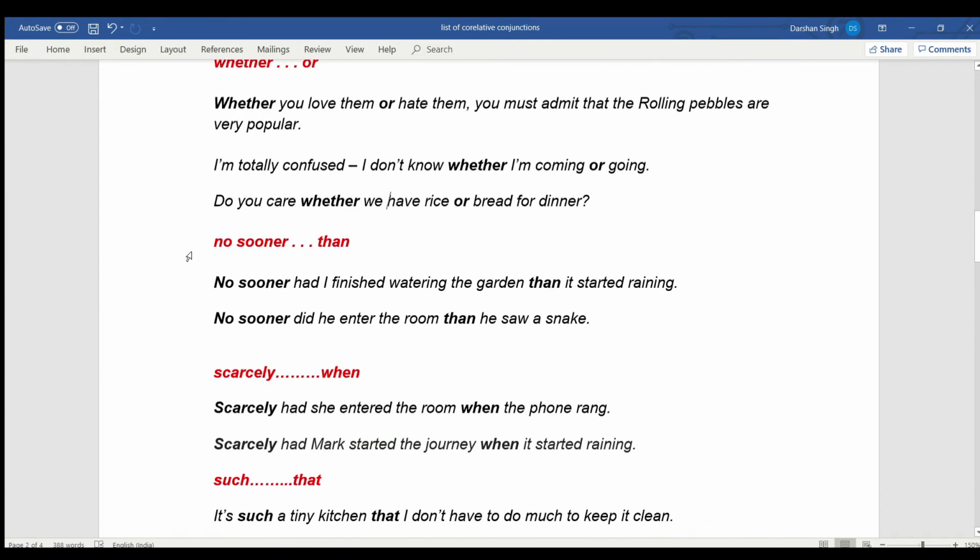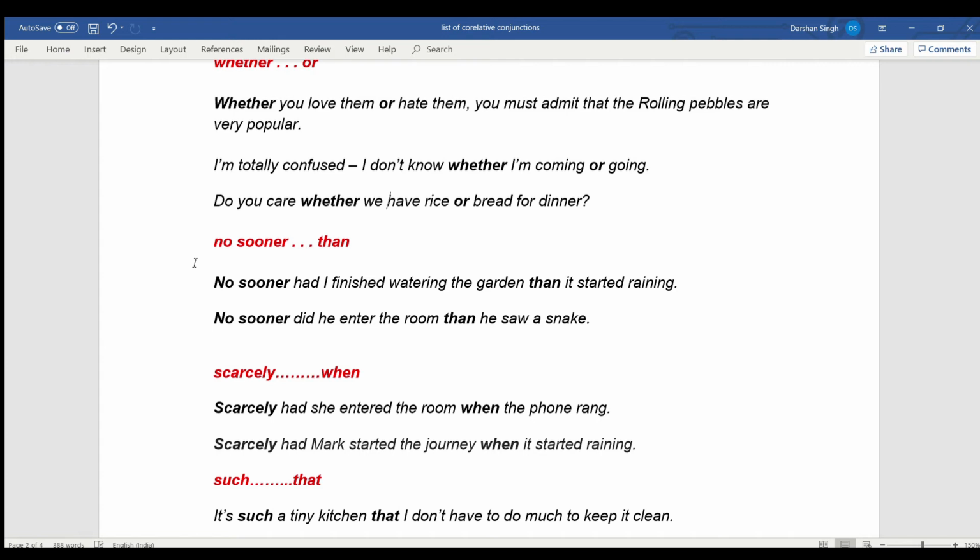The next one is no sooner than. Now this is not then. Then, T-H-E-N, is used for time, and than, T-H-A-N, is used when you compare two things. Like, he is faster than Sham.